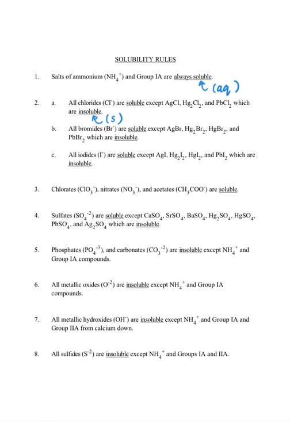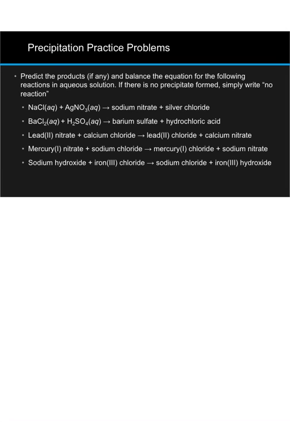We're going to write out chemical reactions, and in addition to predicting the nature of substances in our reactants and products as soluble or insoluble, we'll write correct chemical formulas and balance reactions. So, let's do some practice with this.